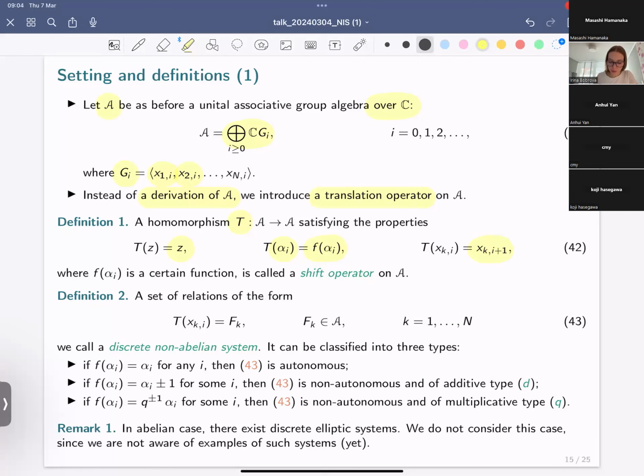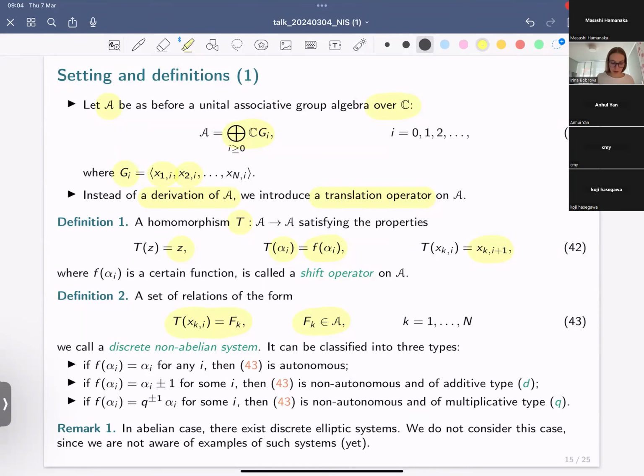We call a set of relations of this form, where capital F sub k are some elements from our algebra A, a discrete non-abelian system, and this system can be classified into three types. These types depend on the form of this function f.